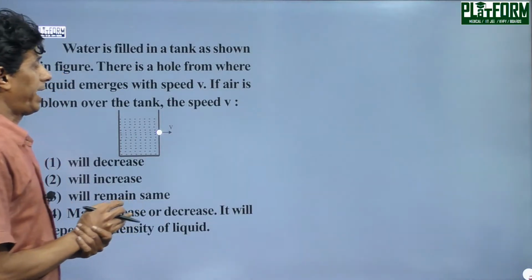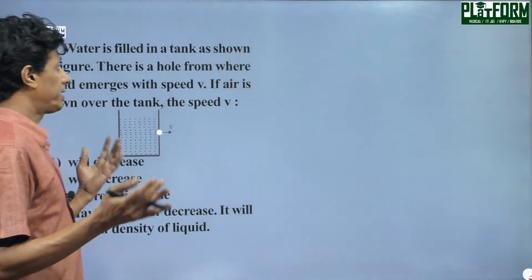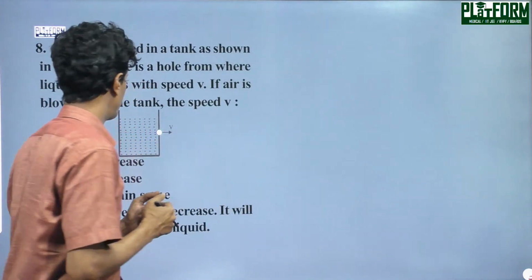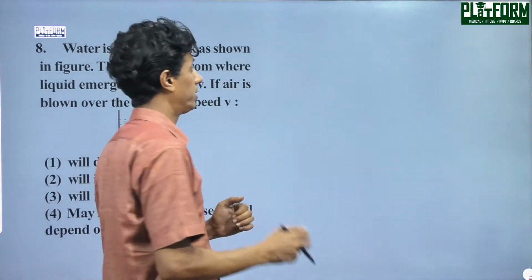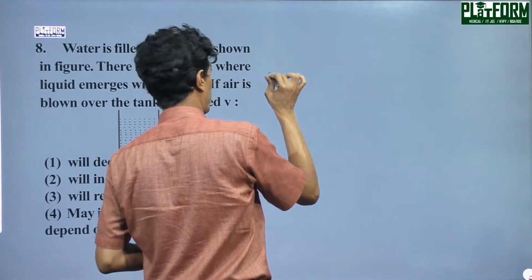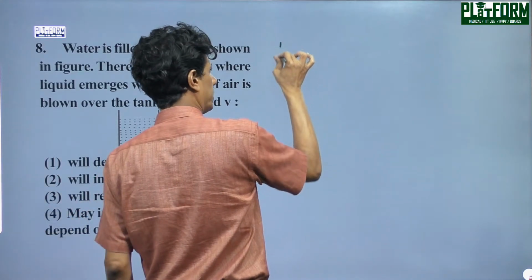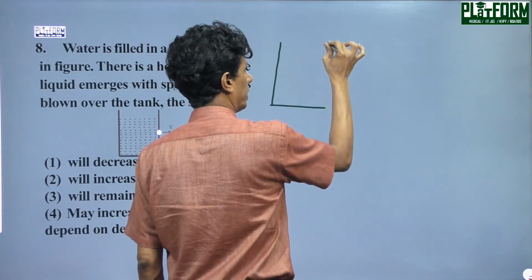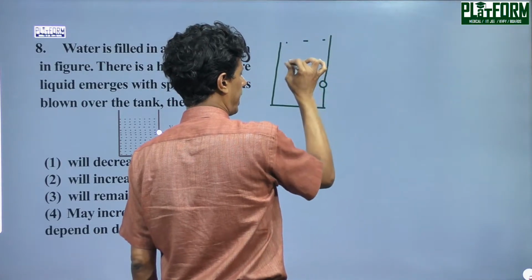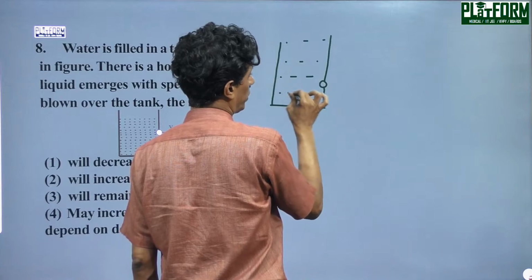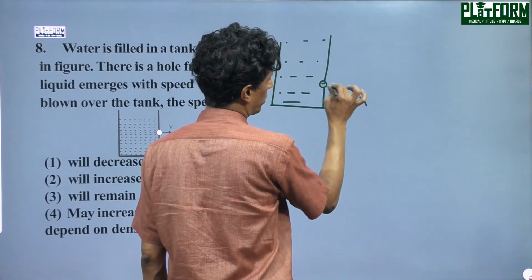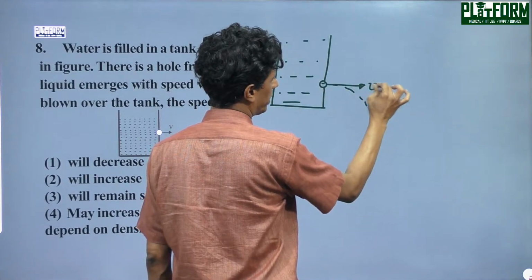Water is filled in a tank as shown in figure. There is a hole from where liquid emerges with a speed v. If air is blown over the tank, the speed v. We know, a tank filled with liquid coming out here, the velocity is v.